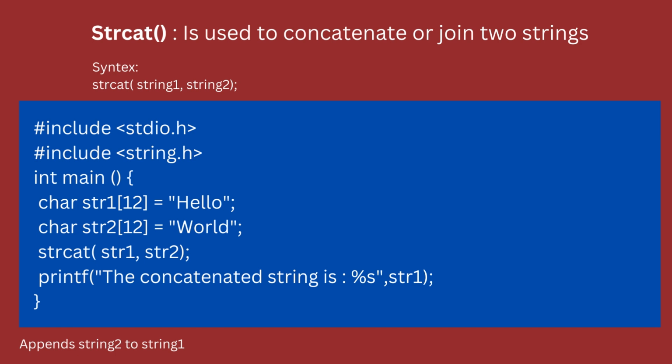With the strcat function, we need two parameters. The first parameter contains the first string value, the second is the second string value.